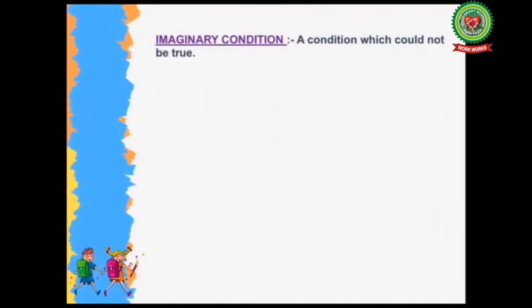Next comes imaginary condition, a condition which could not be true. Example number 1. If I were a bird, I would fly. Now this is the condition which actually cannot be fulfilled. This cannot happen. It is not possible for me to become a bird. So it is an imaginary condition.